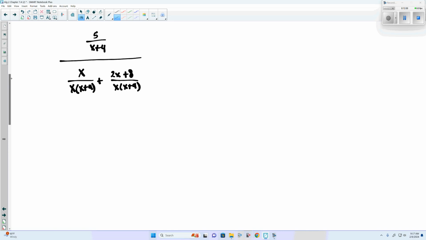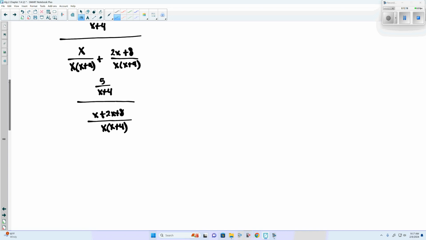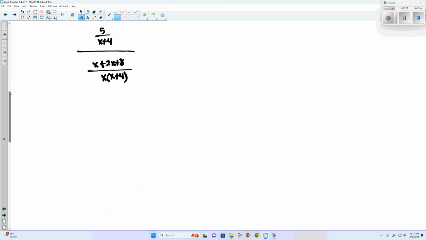Now that the denominators are the same, we can add the numerators. So we'd have x plus 2x plus 8 over x times x plus 4. At this point here, we can combine our like terms. So in the numerator, we have 5 over x plus 4.